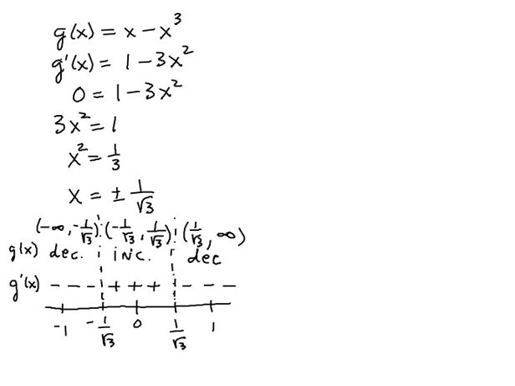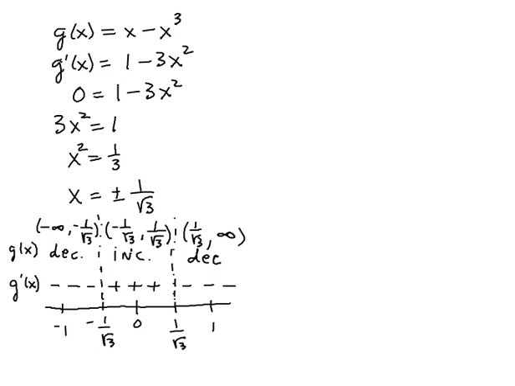Now, to determine whether there's extreme values, I know the derivative is 0 at negative 1 over the square root of 3 and 0 at 1 over the square root of 3. But because the sign changes, in other words, the original function is decreasing and then becomes increasing at negative 1 over the square root of 3, I know that I've got a relative minimum there.